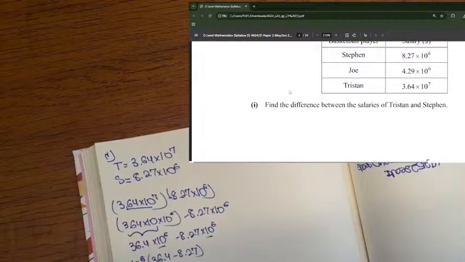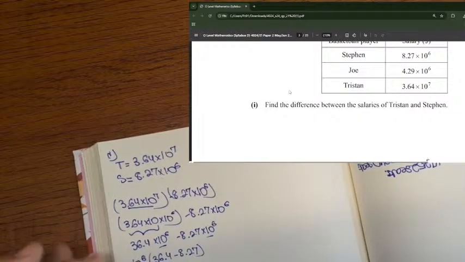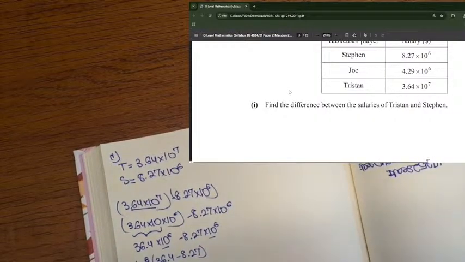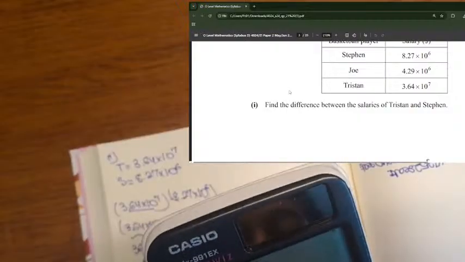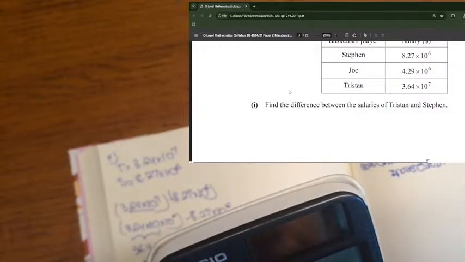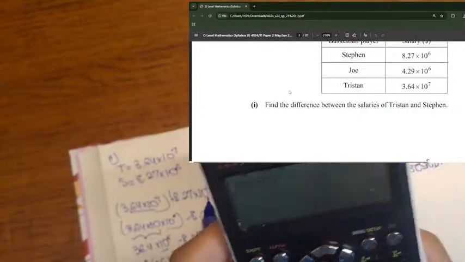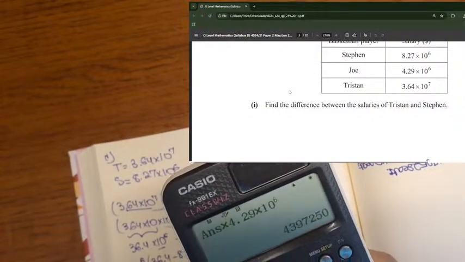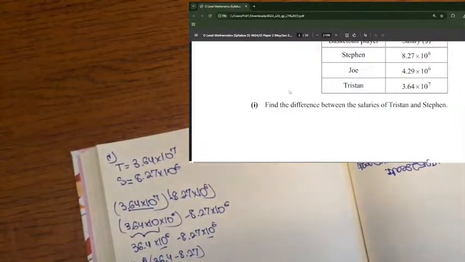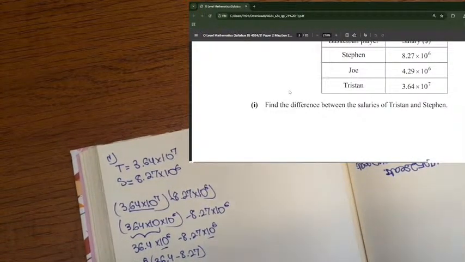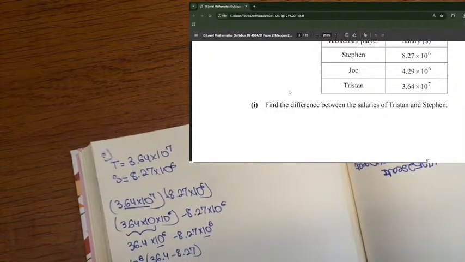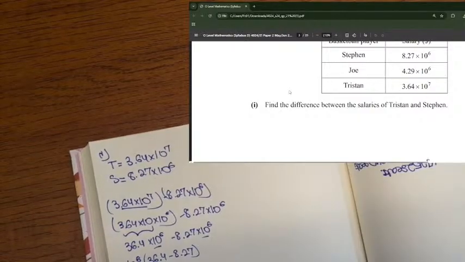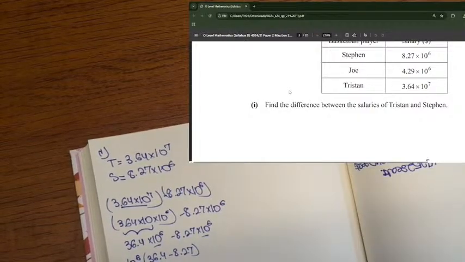So let's find out the monetary value of the total and then subtract the salary from it to find X. So 102.5 divided by 100 multiplied by 4.29 times 10 to the power 6. It becomes $4,397,250. This is the total, and we're adding the salary with X to find that total. So in order to find X, what we'll basically do is subtract the salary from it.